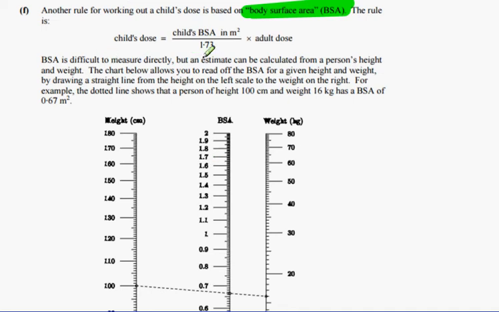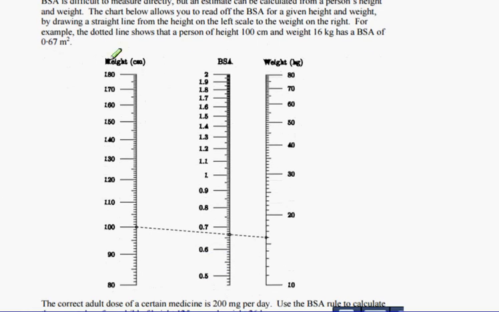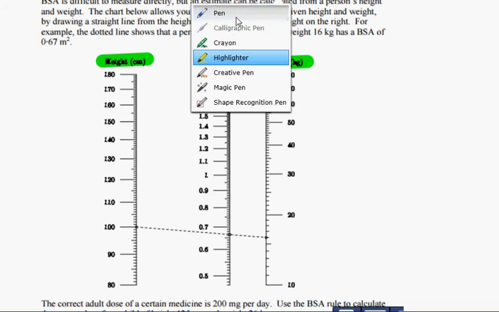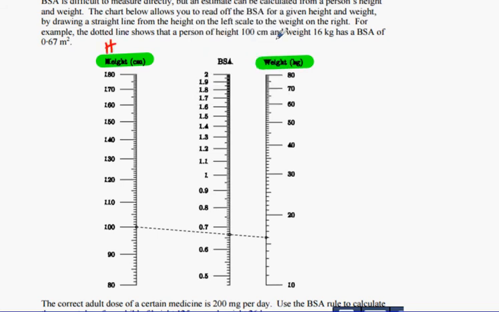Now, BSA is difficult to measure directly. It's very hard to tell how much surface I have. So these guys came up with a rough chart to do this. You get the height and the weight of the kid. So you measure his height and you get his weight in kilograms.